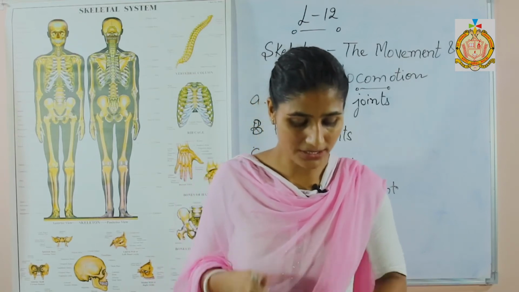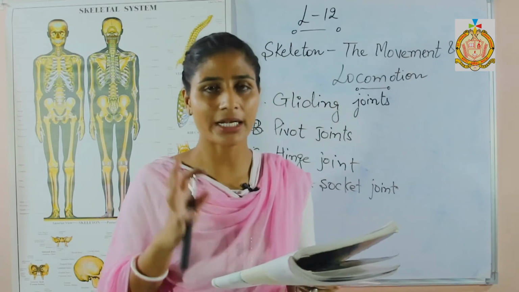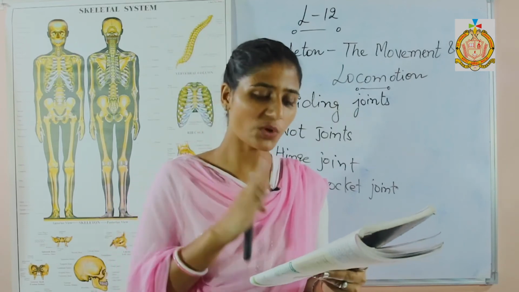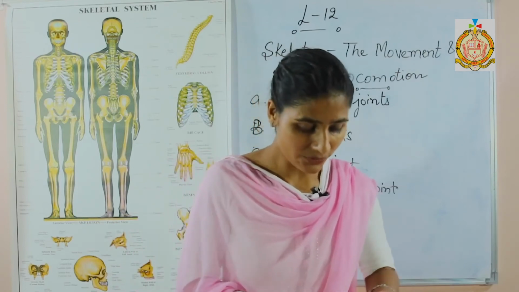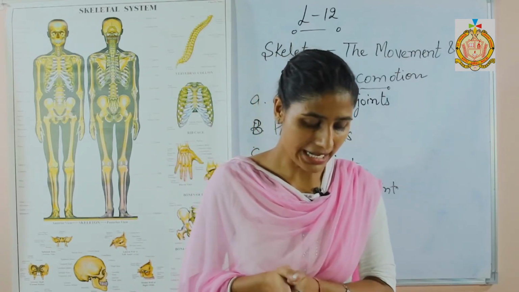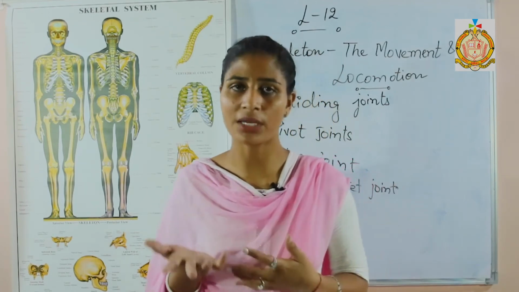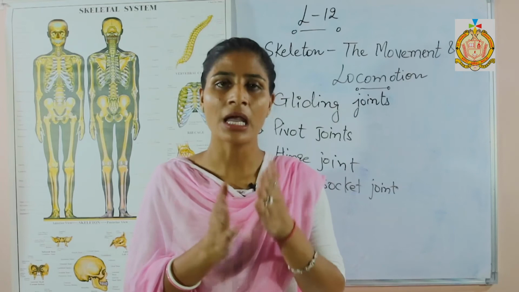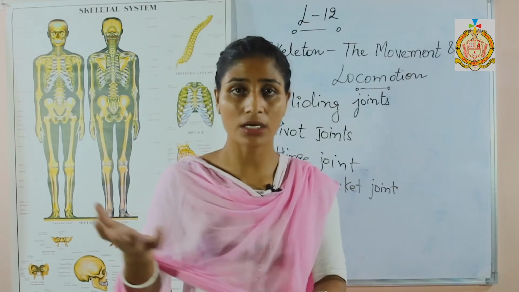Next we are going to discuss the kinds of muscles: voluntary, involuntary, and the third one, cardiac muscles. Voluntary muscles are the muscles that are under our control or our will. They work according to our will, so they are known as voluntary muscles. Involuntary muscles are the muscles that do not work according to our will.